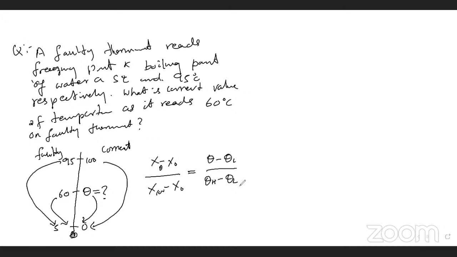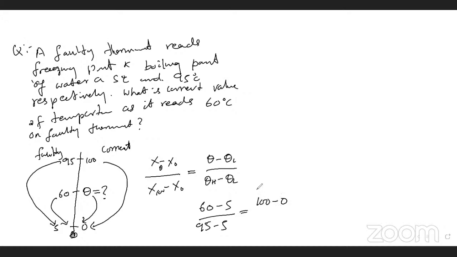You can write this as 60 minus 5 over 95 minus 5, and this value is the same for both cases. The correct one is theta minus 0 over 100 minus 0.